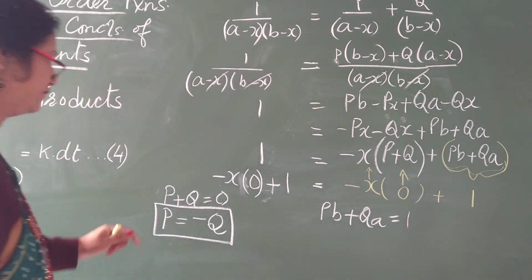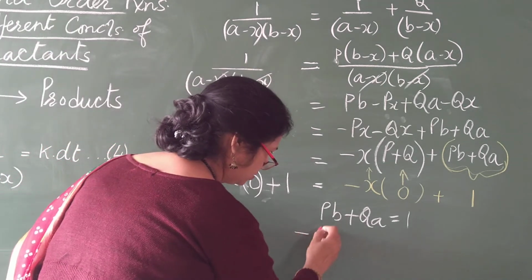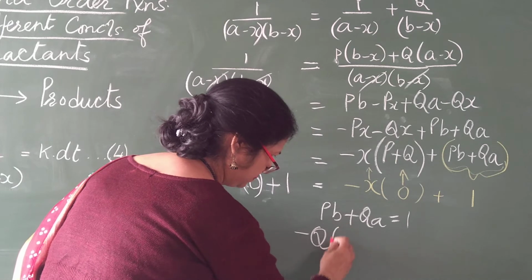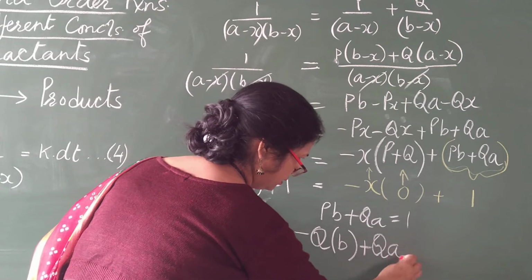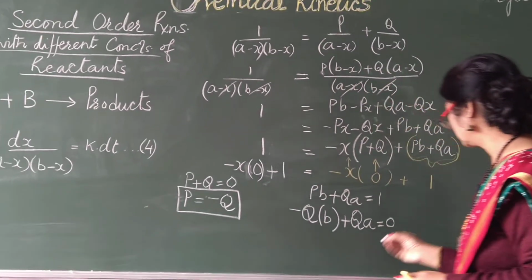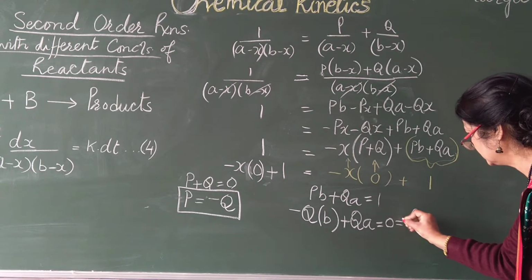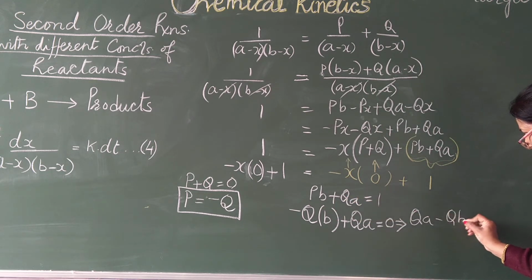Now we have the value of p over here. What is the value of p? p is minus of q. So it will be minus of q multiplied by b plus qa, and this is equal to 1. We can write it in another way: qa minus qb is equal to 1.